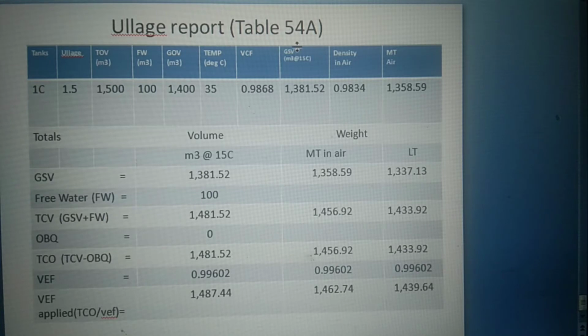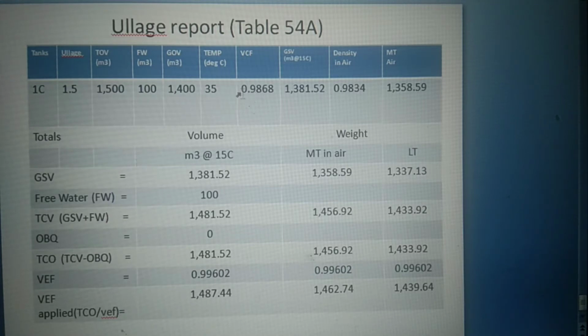In the next column we have gross standard volume, or cubic meters at 15 degrees centigrade. So GSV equals GOV times VCF.